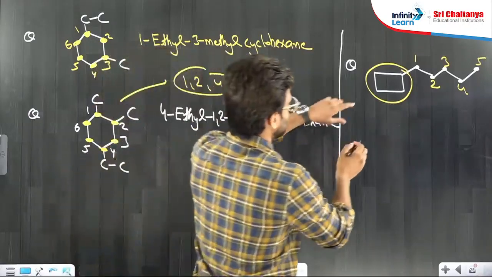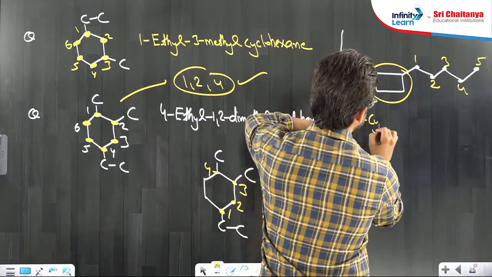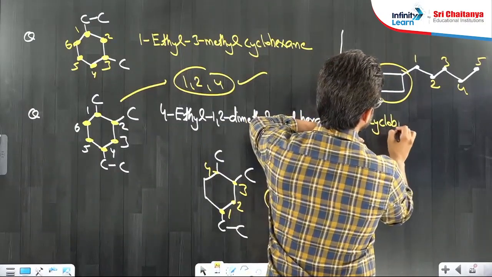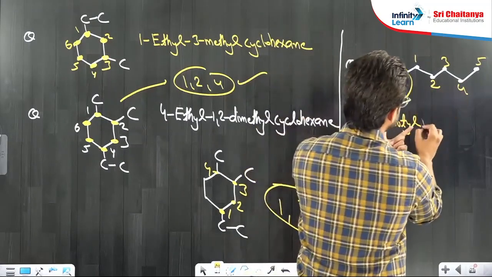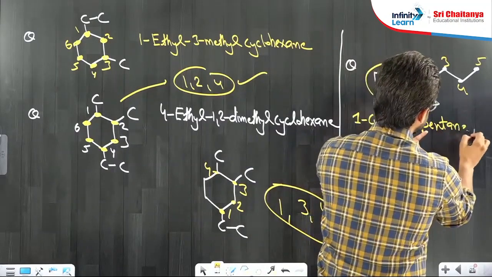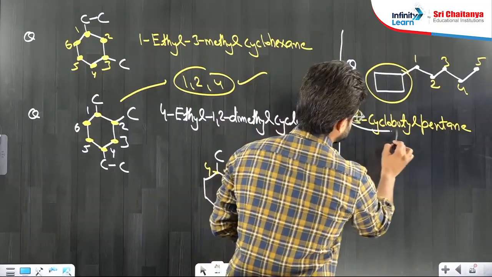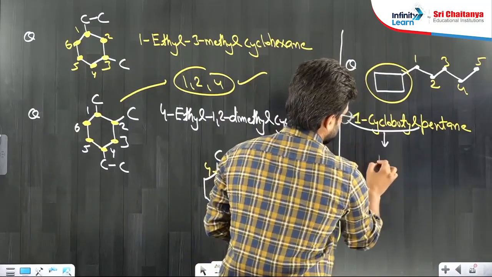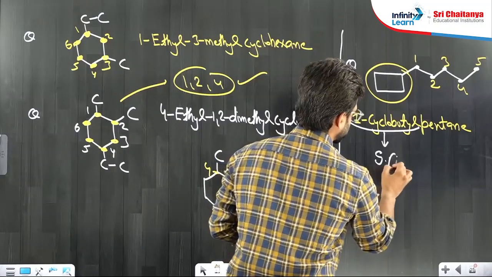So how will I name it? I will say 1 cyclobutyl. It is our substituent. What is the next part? Pentane. Look at this carefully. This part is the secondary prefix.